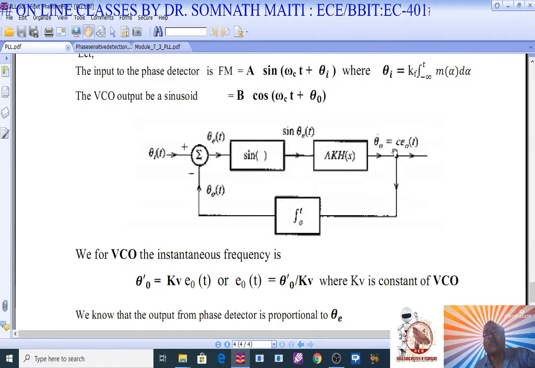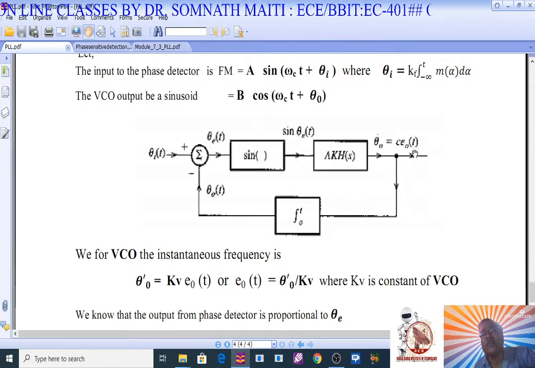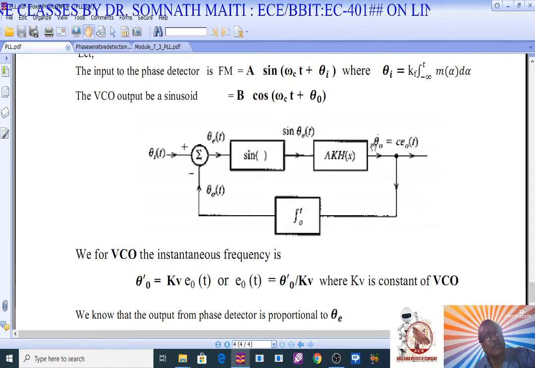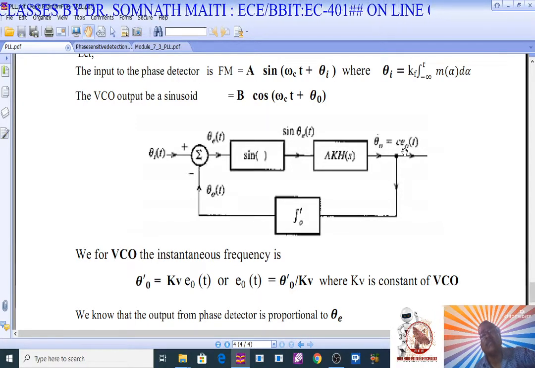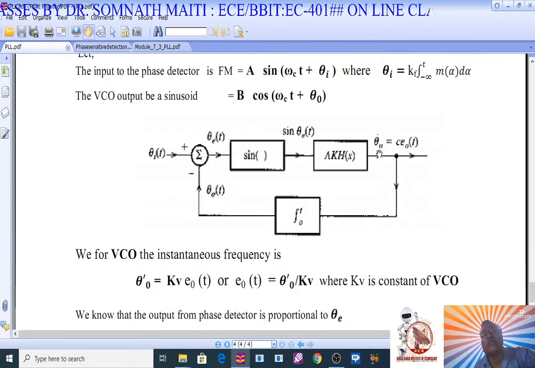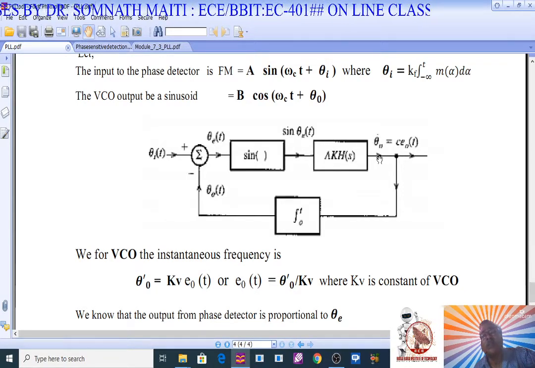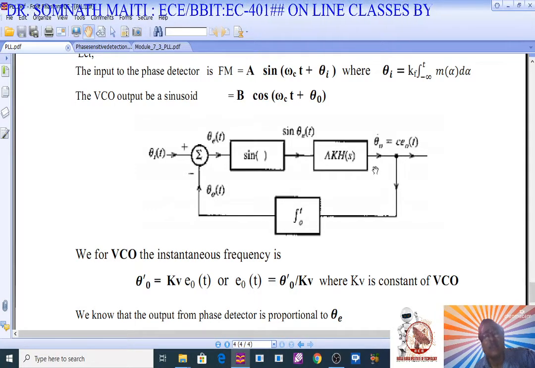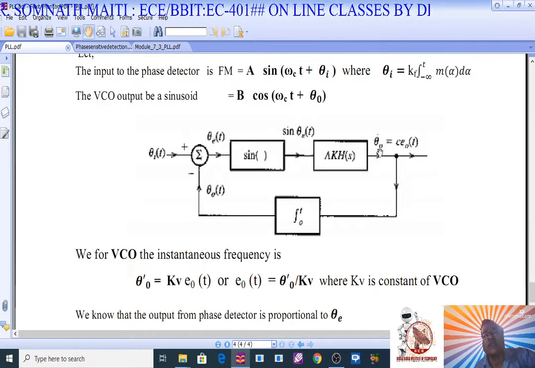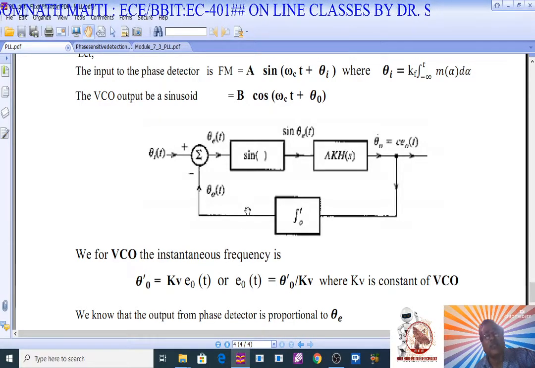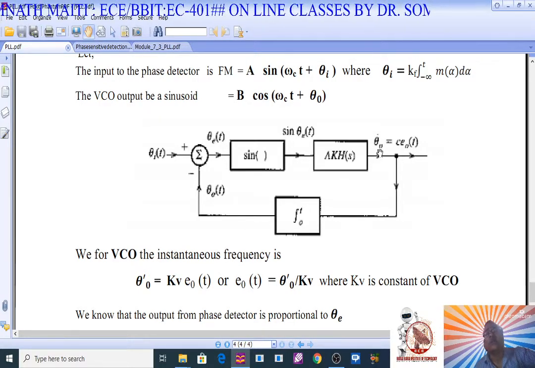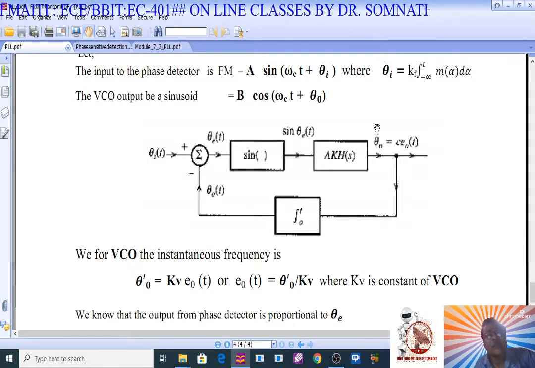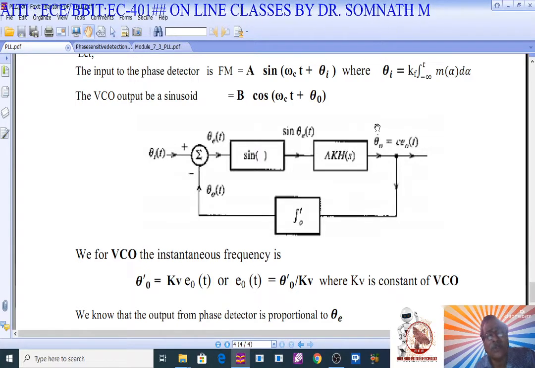Why? Because if you change the control signal, then the frequency will change. That is the basic idea of a VCO. Theta 0 dot, which is d theta 0 by dt, is the instantaneous frequency of the VCO.